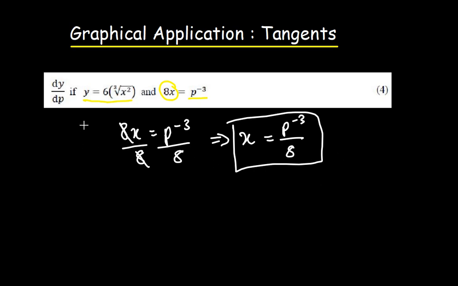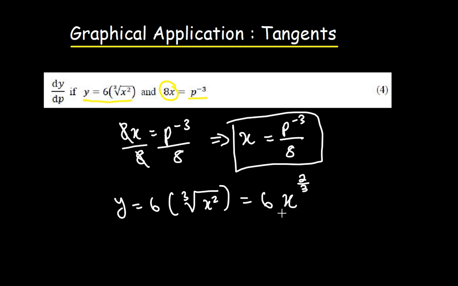Now where we see x, we're going to put this into that equation. So for our y, y is equal to 6, and then we have the cube root of x squared. If we simplify this, we can write it as 6 times x. Remember, if you watched my previous videos, I take the exponent up, and the denominator becomes whatever the root is, in that case 3.